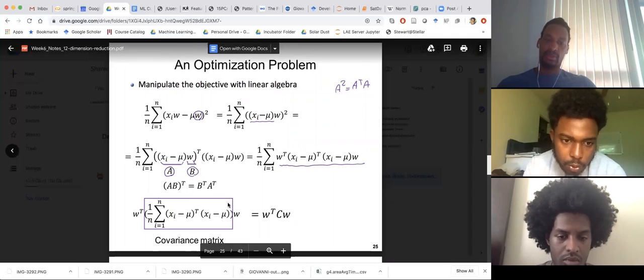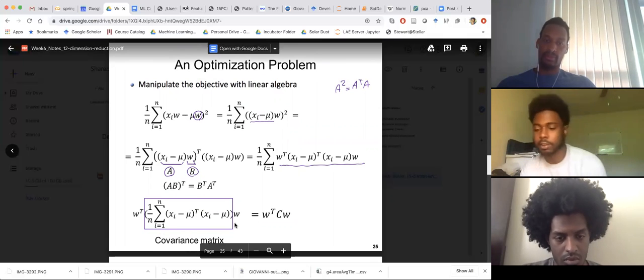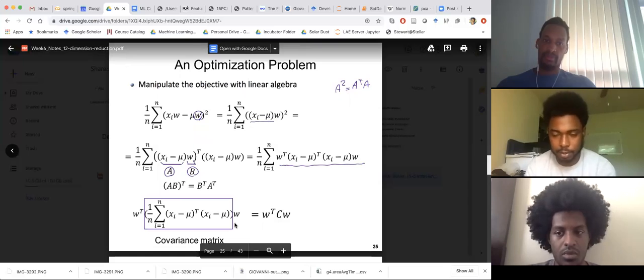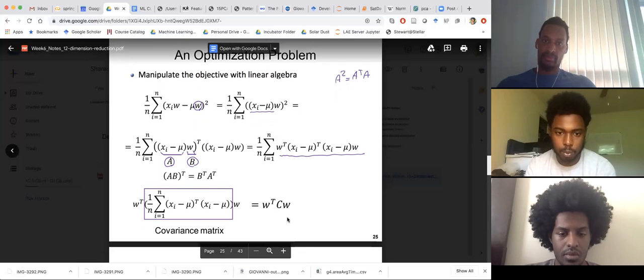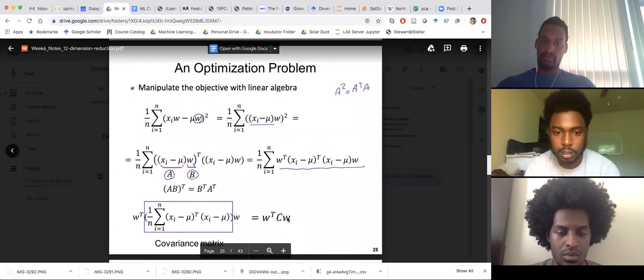And then what they do is by pulling out this W transpose, we can look at this and say, oh, I remember from my linear algebra class, this is just the covariance matrix. And so they replace it with C, where C represents the covariance matrix. So we have W transpose C times W, which is interesting. And I think the next slide talks about it next. But do we follow that math somewhat?